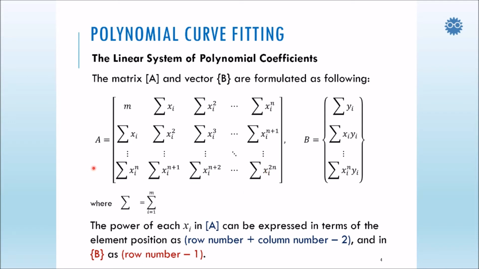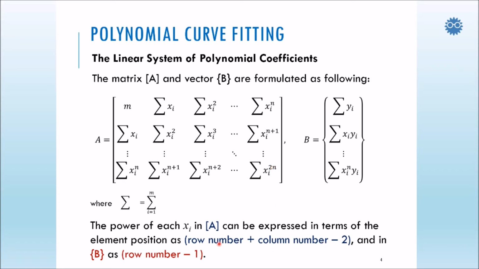So we have the row number n plus 1, the column n plus 1. So n plus 1 plus n plus 1 will be 2n plus 2, 2n plus 2 minus 2, 2n will be equal to 2n.